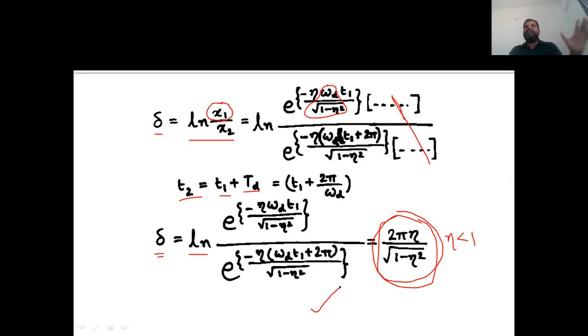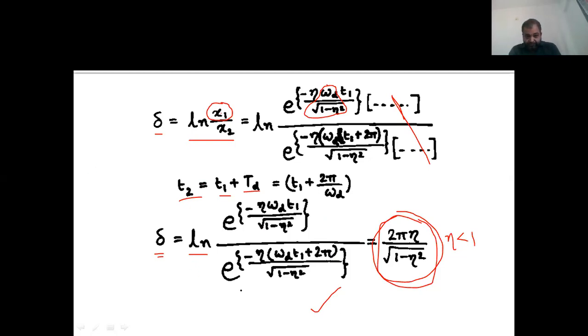So this is the concept I'm putting forward for logarithmic decrement. You can find it out with the help of two things. One, if you have a response history, then you can calculate by two successive amplitudes, put them in this particular formula, and find out the value of delta.